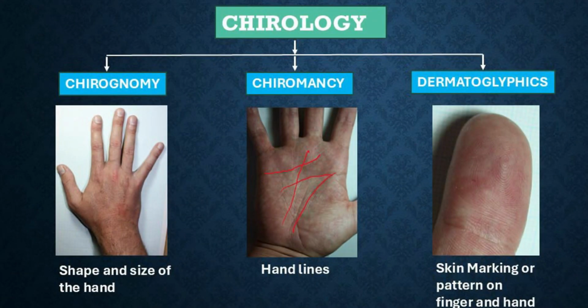Let's start with the origin of chirology. Researchers conducted scientific research on prisoners' hands at the end of the 19th century. The researchers wanted to see if there is a link between the inmates' psychological traits and the shape and characteristics of their hands.